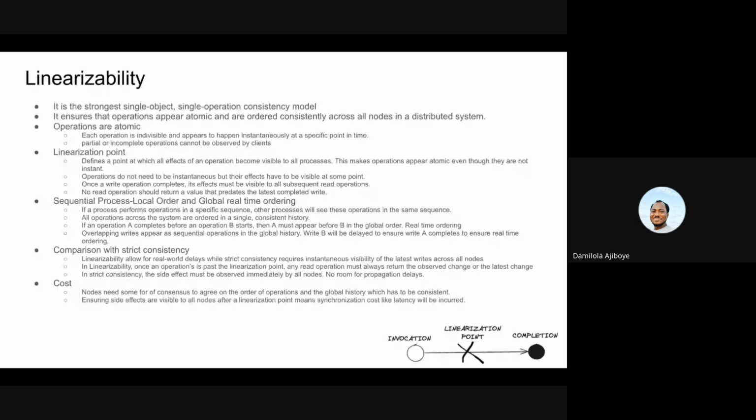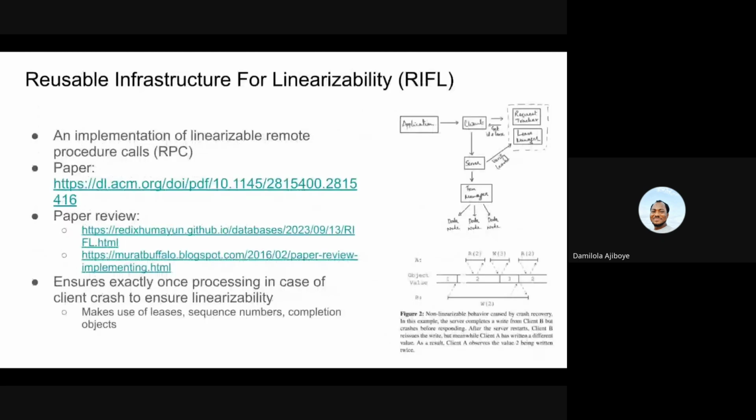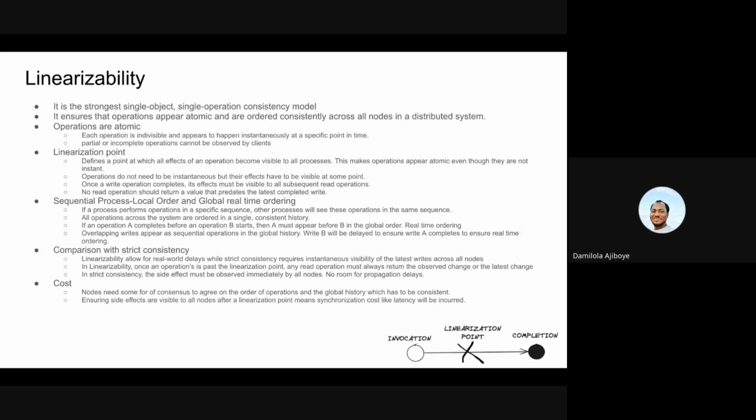Another criteria in this consistency model is sequential process local order and global real-time ordering. Oh, I should have added some diagrams. Let me see if I have any. Oh no. Okay, so sequential process local order: we're looking at different processes carrying out read-write operations.